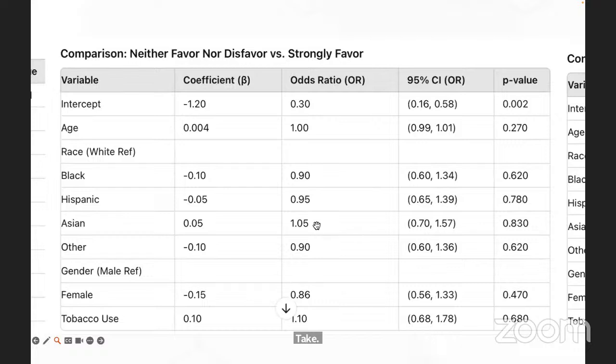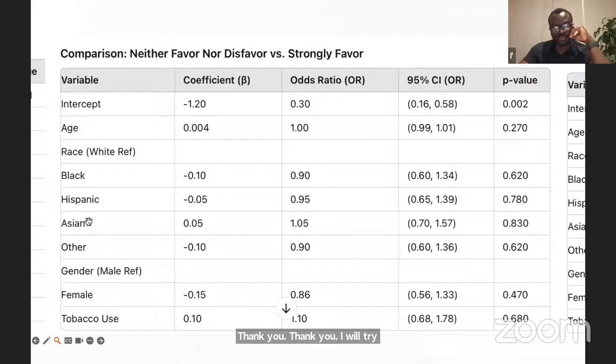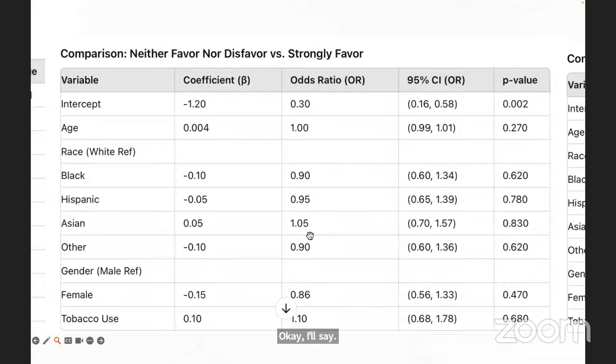Thank you. I will try. Awesome. Asians compared to white have 1.05 times higher odds of strong favor.